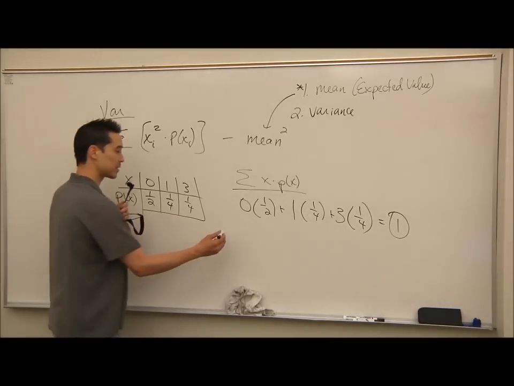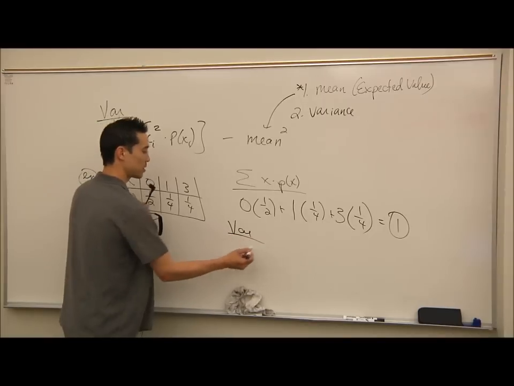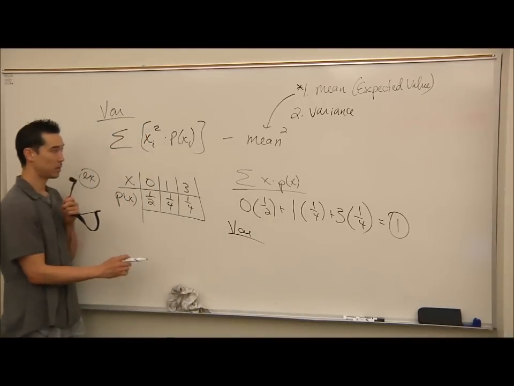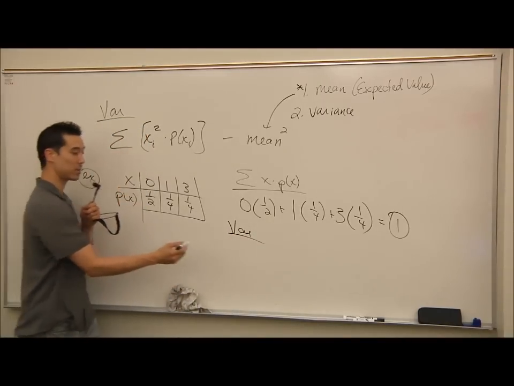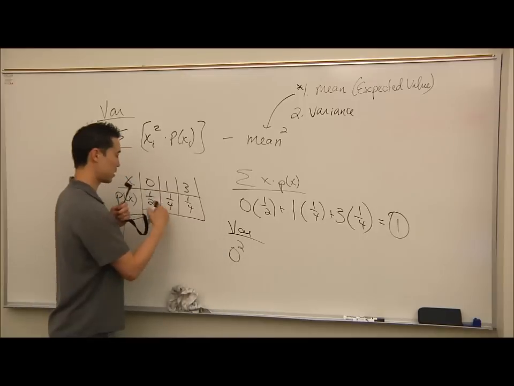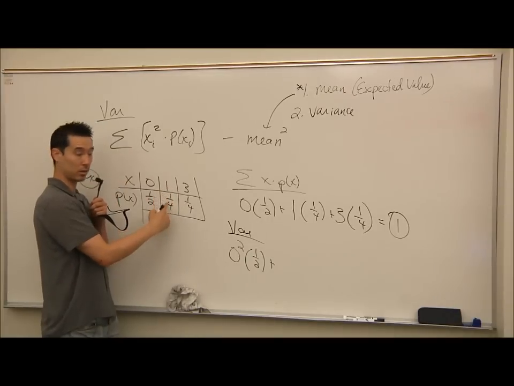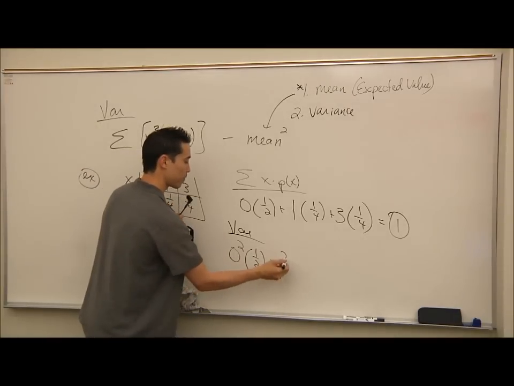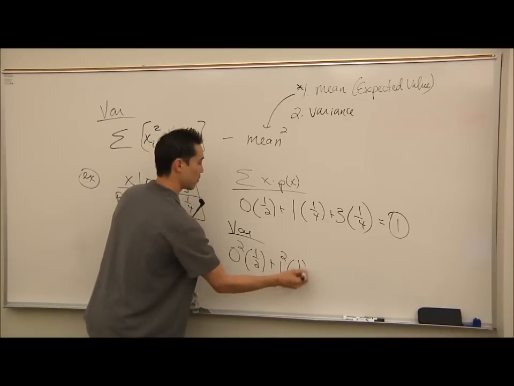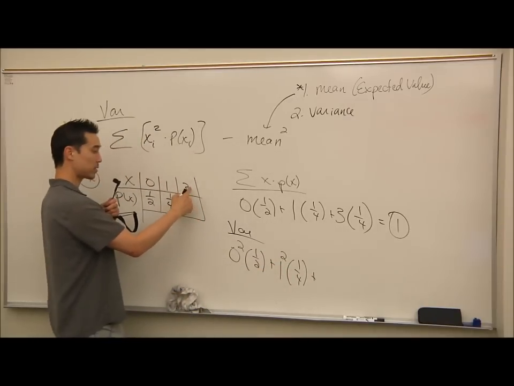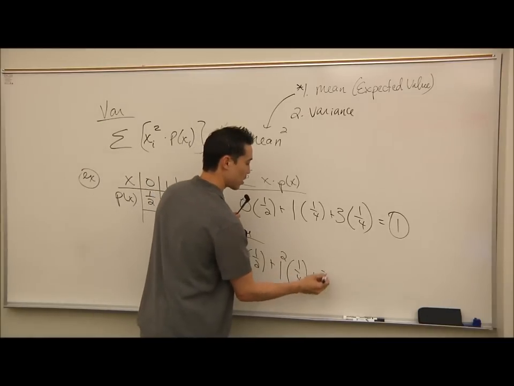Alright, now find the variance. So how does the variance work? Square your x. Yeah, the x's are squared. So 0 squared times 1/2 plus 1 squared times 1/4 plus 3 squared times 1/4.